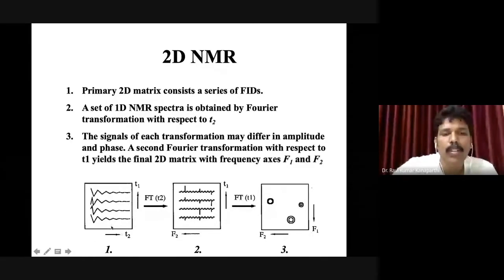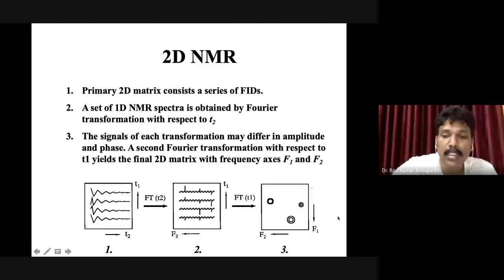We will record a series of FIDs in the two-dimensional NMR measurement, and then we process that information through the Fourier transform. The Fourier transformation can be done with respect to the x-axis as well as the y-axis.